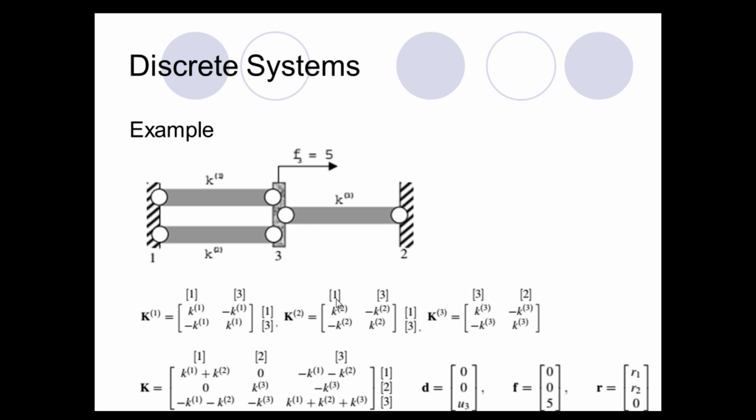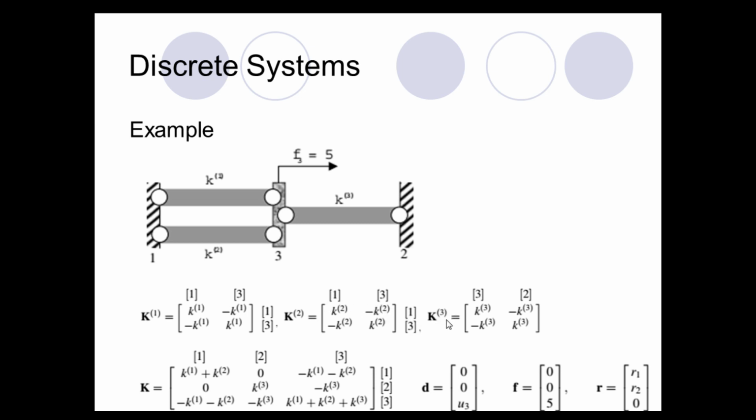Of course, node 1 of element 2 is node 1 in the global system. Node 2 of element 2 is node 3 in the global system. Identically, node 1 and node 3. So this is 1 3 and this is 1 3.